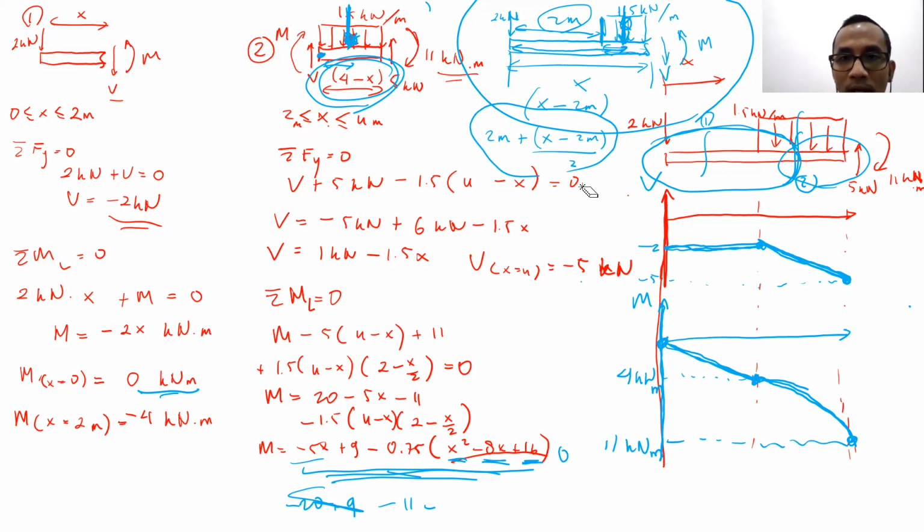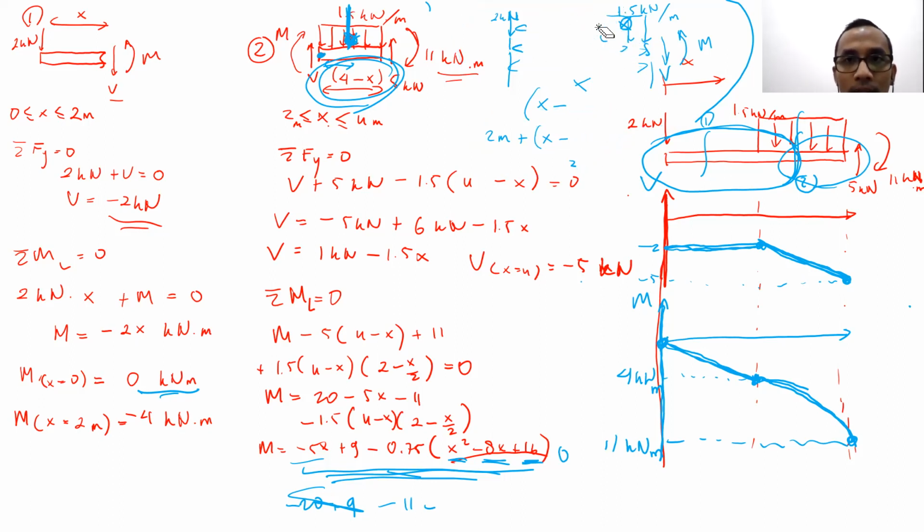So whenever we have a distributed load, it's okay. We can consider that as a concentrated load, but only for each free body diagram. You cannot generalize it as a concentrated load.